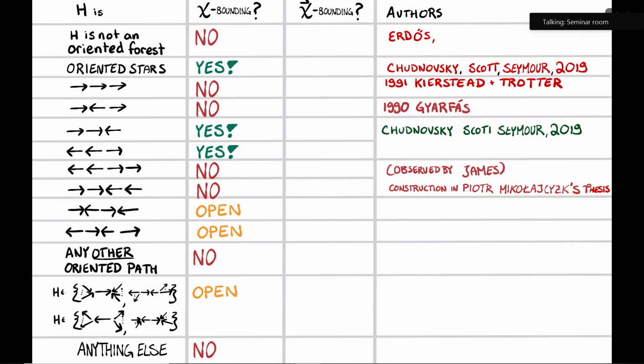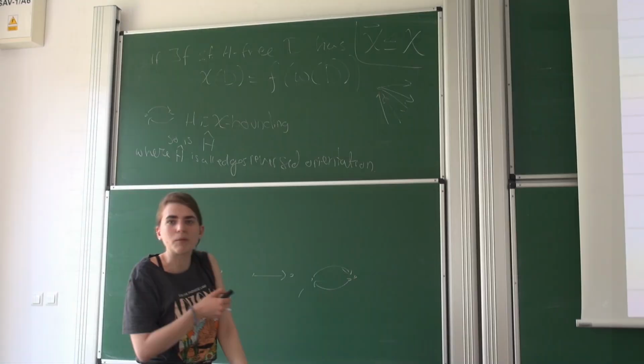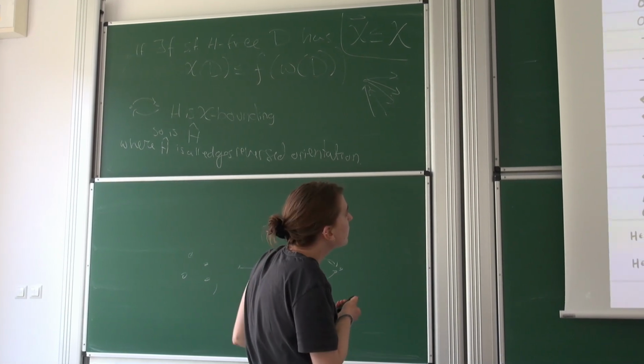And yeah, so now we can kind of compare. So chi bounding, I erased the definition. So for di-chi bounding, I want the same definition, but I want that chi to have an arrow over it to represent the dichromatic number. So hopefully it's okay.